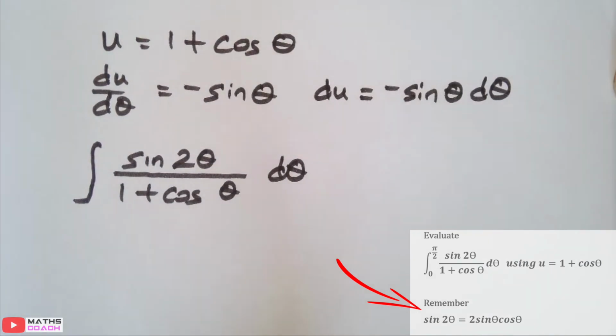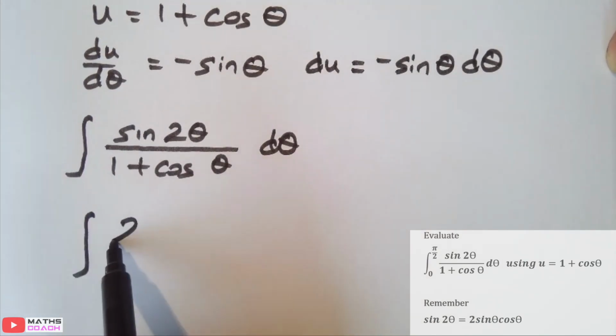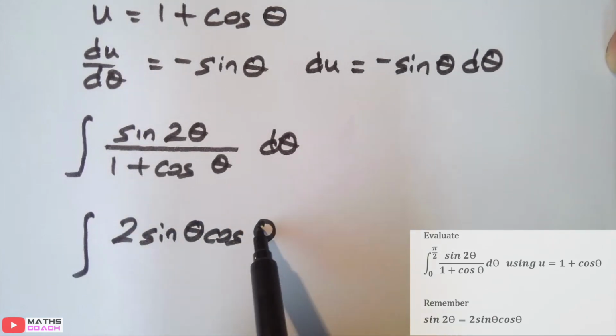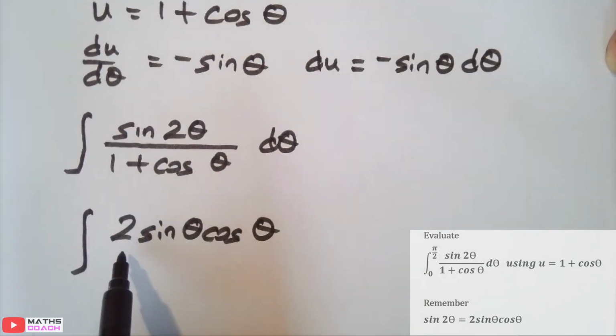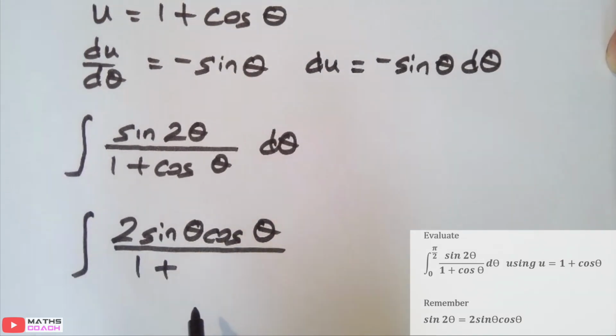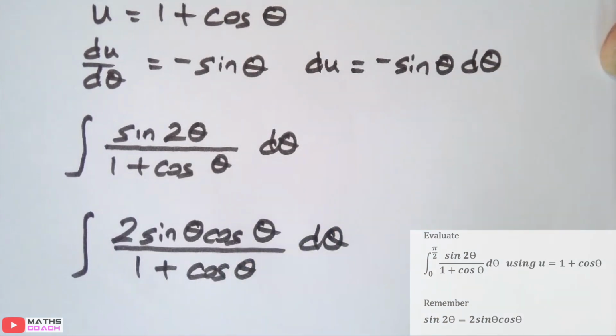That would be our natural move in our next line. So we're going to have 2 sine theta cos theta over 1 plus cos theta d theta. Earlier we said u was equal to 1 plus cos theta. That's the denominator, which is quite obvious.